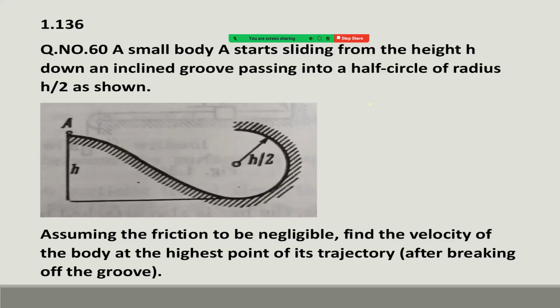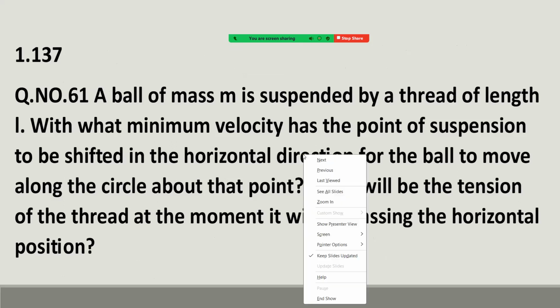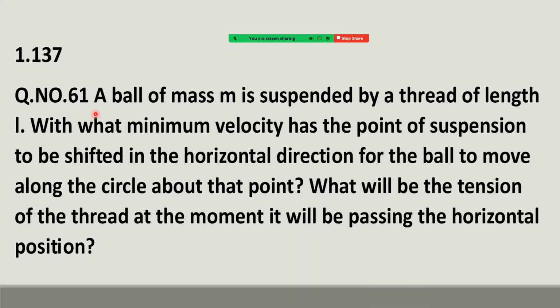Let us see the next one. A ball of mass m is suspended by a thread of length L. With what minimum velocity has the point of suspension to be shifted in the horizontal direction for the ball to move along the circle about that point?